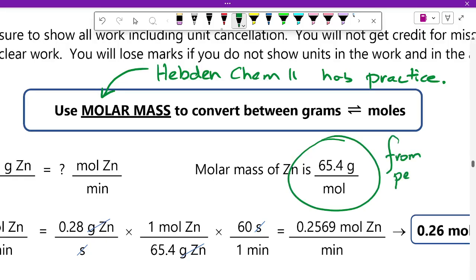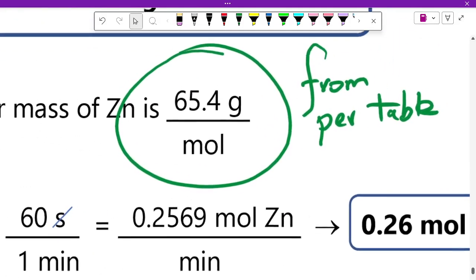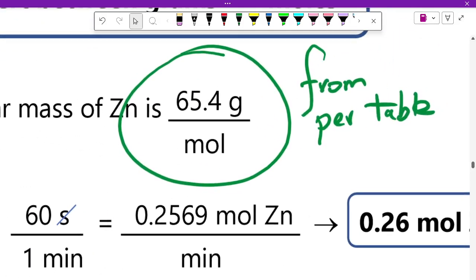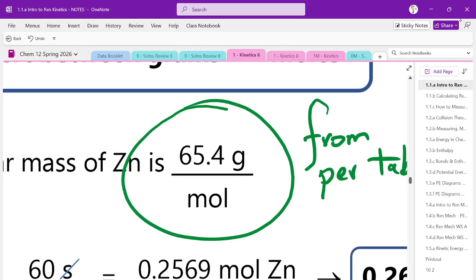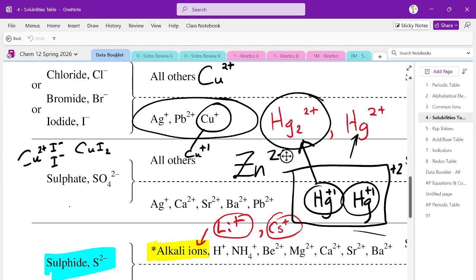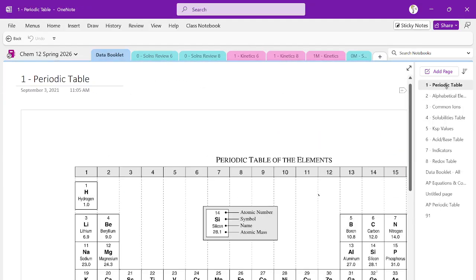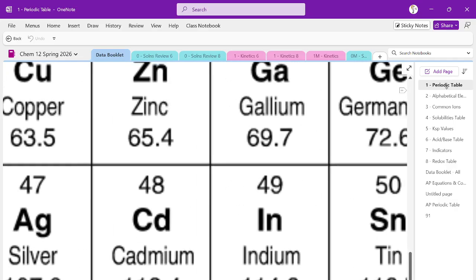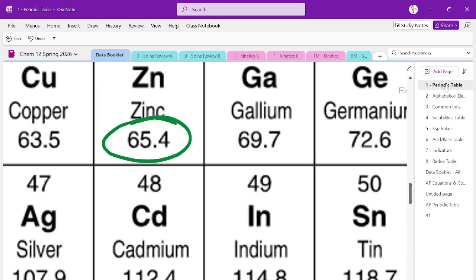You just look at the back page. You get the masses. If you look at zinc, it will say at the bottom 65.4. On our data booklet, on our periodic table, zinc is 65.4.